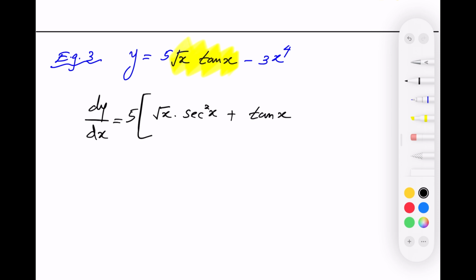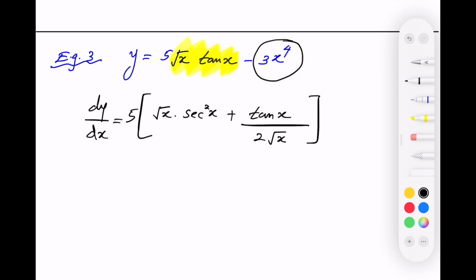Once you simplify that, you get 1/2 times x raised to the negative 1/2, which can be written with positive exponents as 1/2 times 1 over x raised to the 1/2, which simplifies to become 1 over 2 times square root x. Let me close brackets, and now I need to differentiate this last term, 3x to the 4th power.